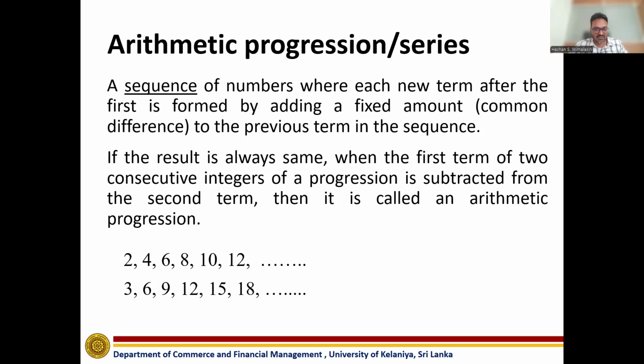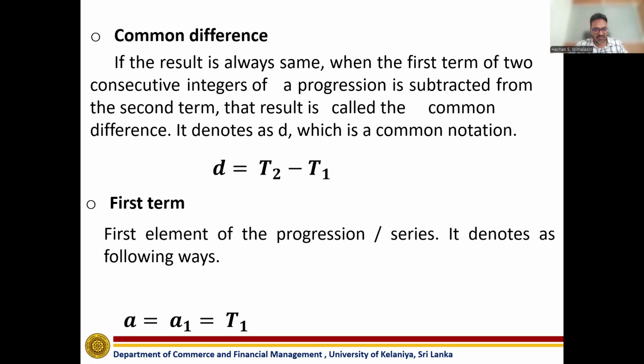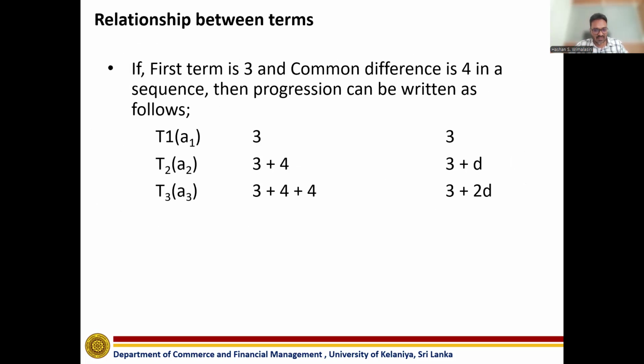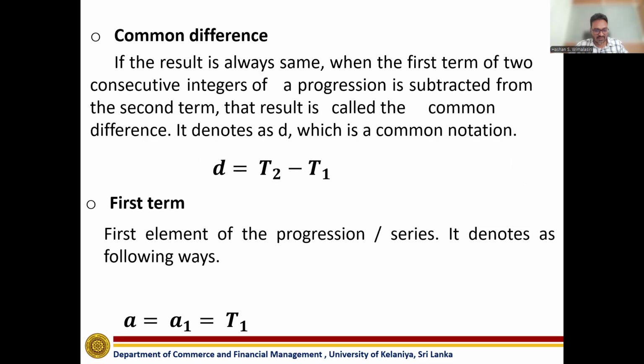Right. So when we look at the numbers, we normally identify the first term as a and the common difference as d. So the terms we identify as first term T1, third term T3, 10th term T10, likewise.